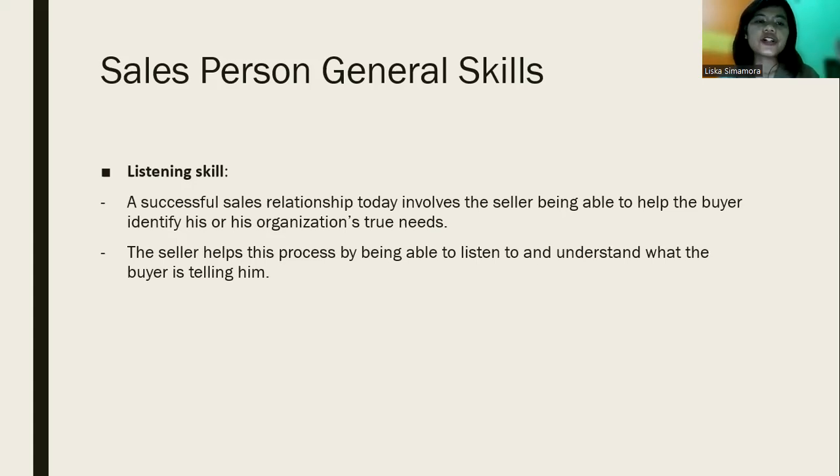So a successful sales relationship today involves the seller being able to help the buyer identify his or his organization's true needs. It has been mentioned in the previous chapter, right? So you have to help identify the customer's needs.